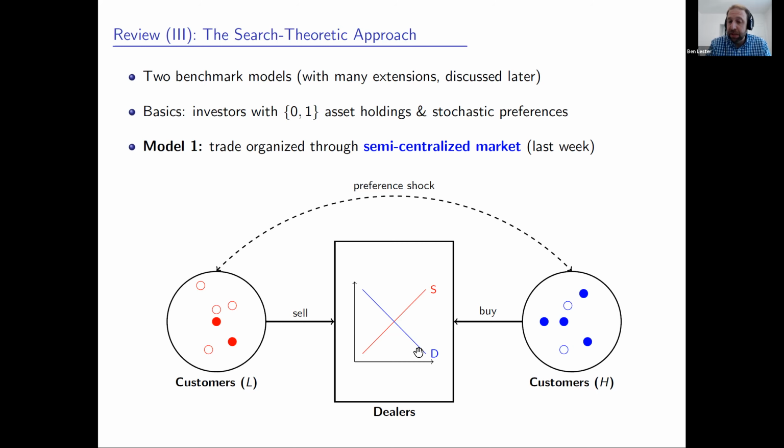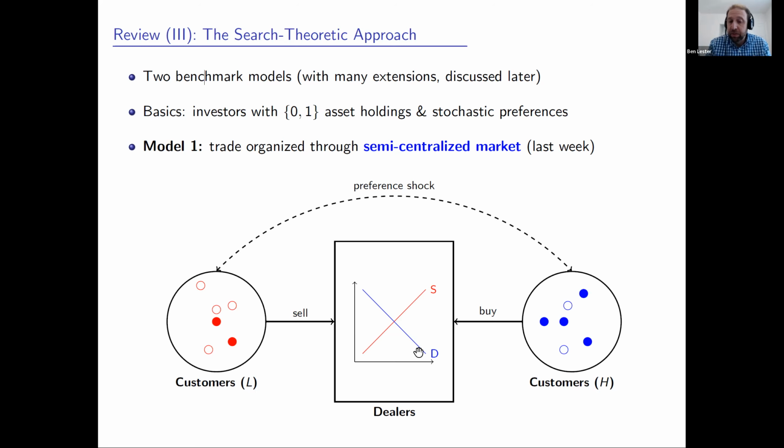And the way that the semi-centralized market is set up is that customers periodically, so with some Poisson arrival rate, meet a dealer. And the dealer, you could think of, meets the customer at the front of the store, and they can bargain over the price.